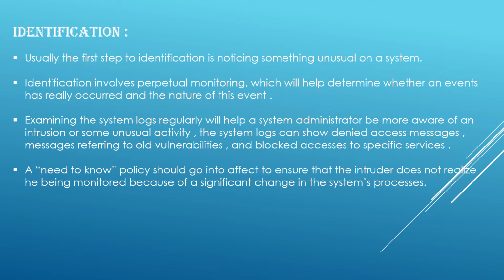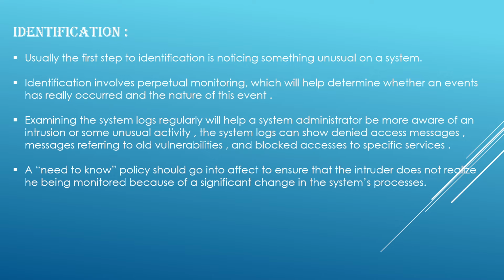Usually, the first step of identification is noticing something unusual on a system. Identification involves perpetual monitoring, which will help determine whether an event has really occurred and the nature of this event. Examining the system logs regularly will help the system administrator be more aware of intrusions or unusual activities.